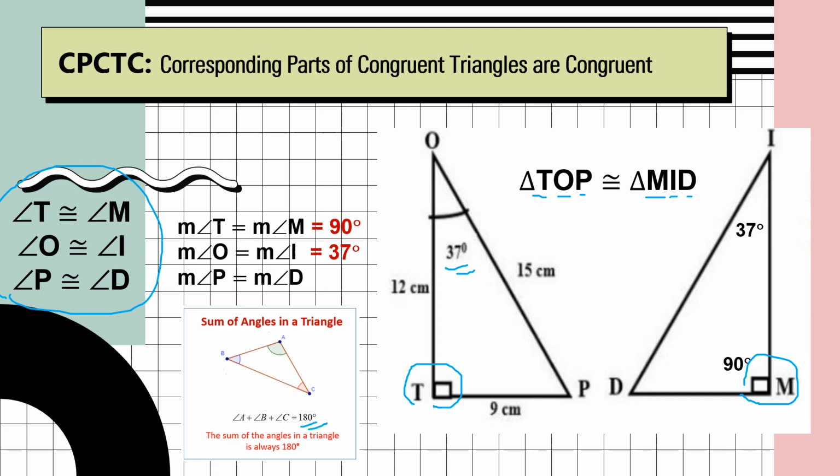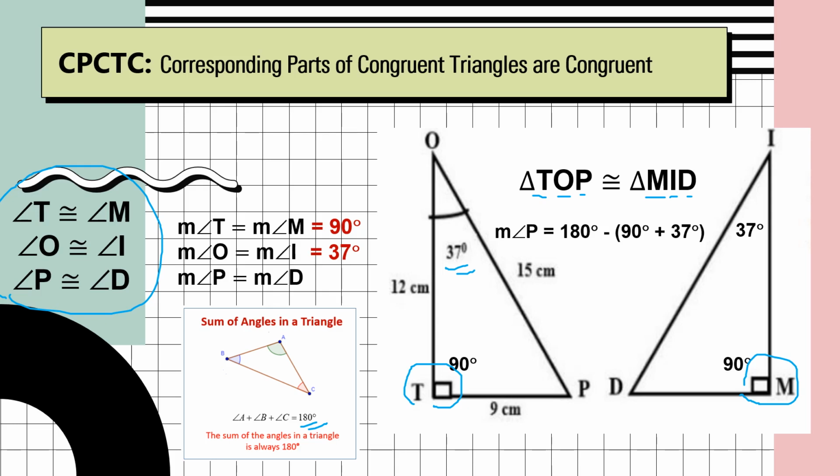So, we could use that formula to solve for the measurement of angle P. Kasi meron na tayong measurement ng angle T, saka angle O. Okay? Alam na natin, 90 degrees yung angle T, then 37 degrees ang angle O. Therefore, the measurement of angle P is equal to 180 degrees minus yung measurement ng dalawa, minus (90 degrees plus 37 degrees).